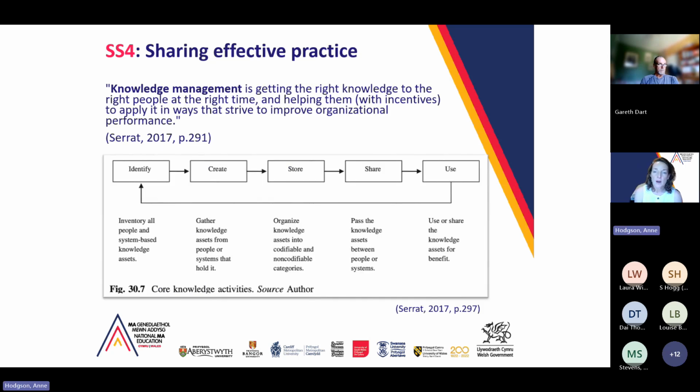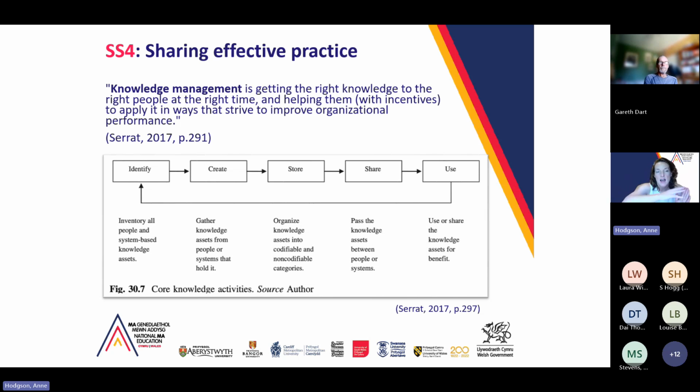So then we need to think about, from a setting perspective, how do we share that knowledge and understanding? How do we share when something's going well and something's effective? How do we make sure that the right people at the right time get access to that information? So this model that we've shared here from CERAT 2017, it's about knowledge management, and it's highlighting the process, and from an audit perspective of practice, this might help to shape some of your reflections.